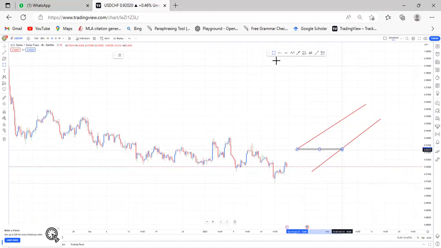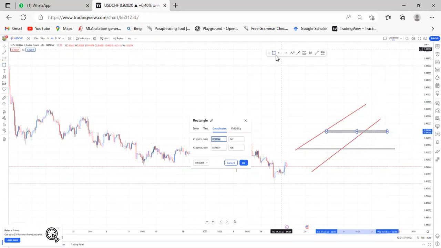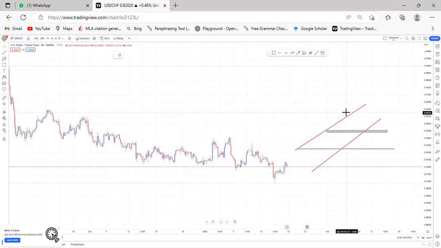So you can see, this is an uptrend, right?